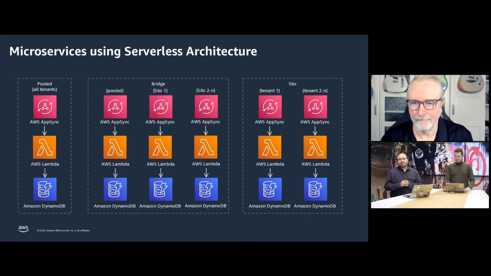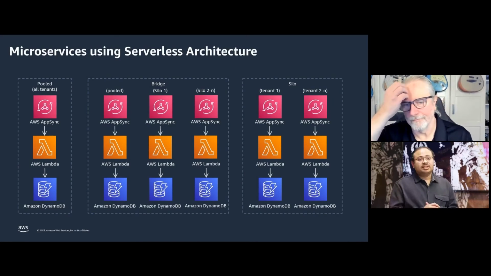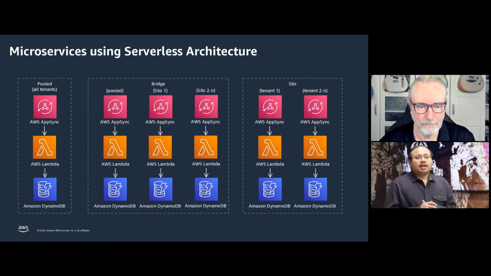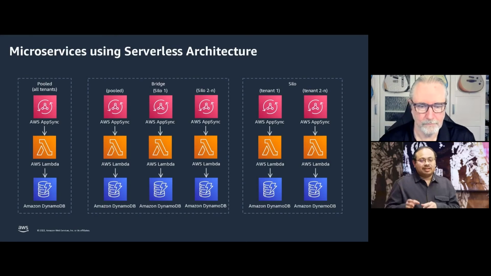So we see that with the serverless architecture pattern, when you have traffic patterns that are not predictable, or when you want to instantly scale, or when you don't want to run your applications 24/7 because they might not always be used, going the serverless way is ideal in terms of giving you that flexibility, that agility, and that cost optimization. And again, tying back to the initial mental model of pool, silo, and bridge, we see a similar kind of architecture pattern that customers are using to build SaaS applications.